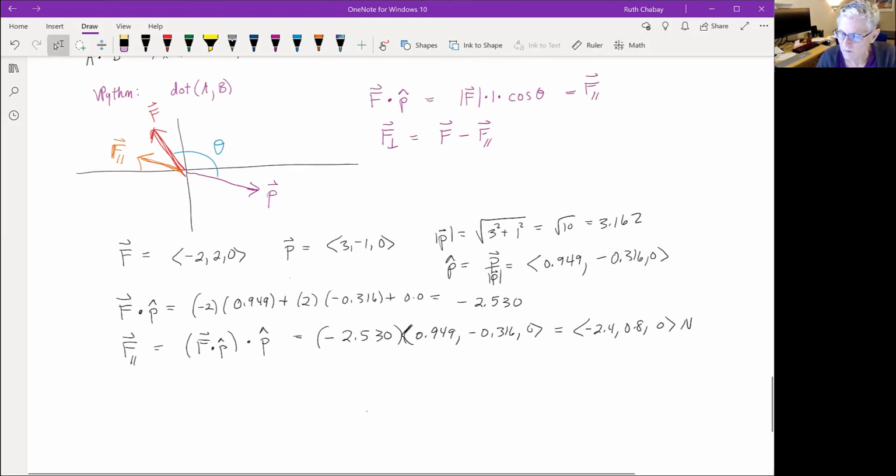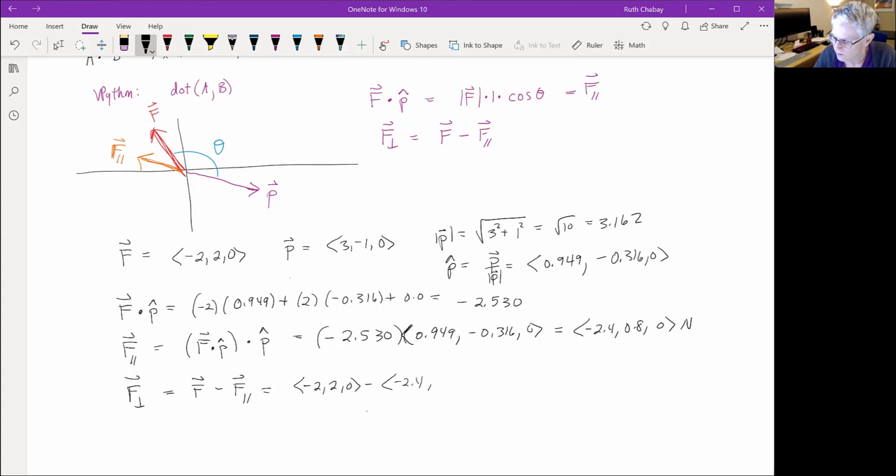And now to get F perpendicular, it's just F minus F parallel, so that's negative 2, 0 minus negative 2.4, 0.8, 0 newtons.